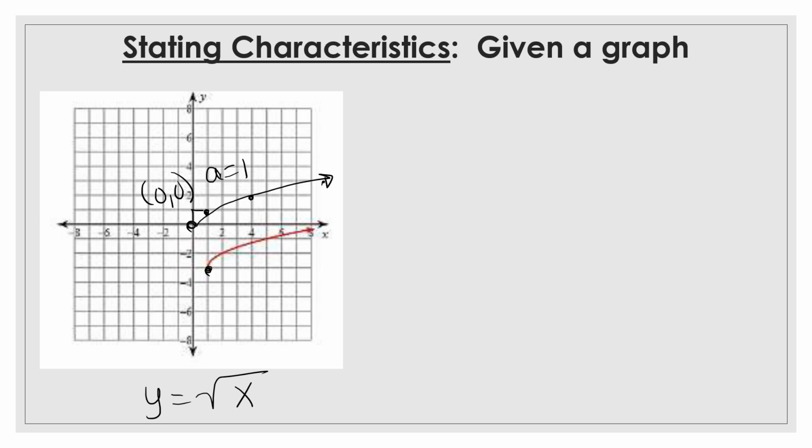I traveled up 1 to the right 1. In this case, our new origin point is at the point 1, -3. So that means we traveled to the right 1 and then down 3.